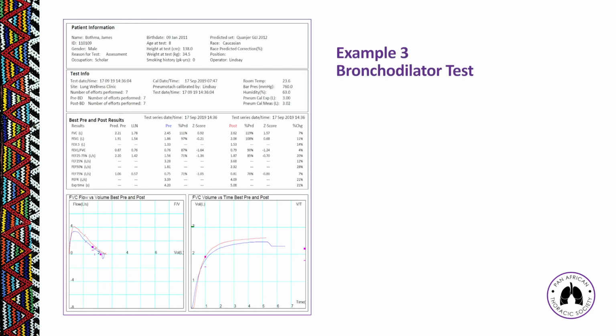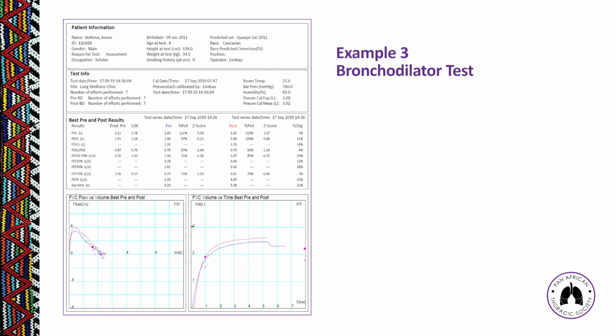Example number 3, if we look at the graphs, both the best test pre and the best test post look acceptable. And when I look at the FEV1 pre, 1.86, a Z-score of minus 0.21, post 2.06, sorry, not 2.08, and a Z-score of 0.88, there is 11% improvement, that is 200 mils.